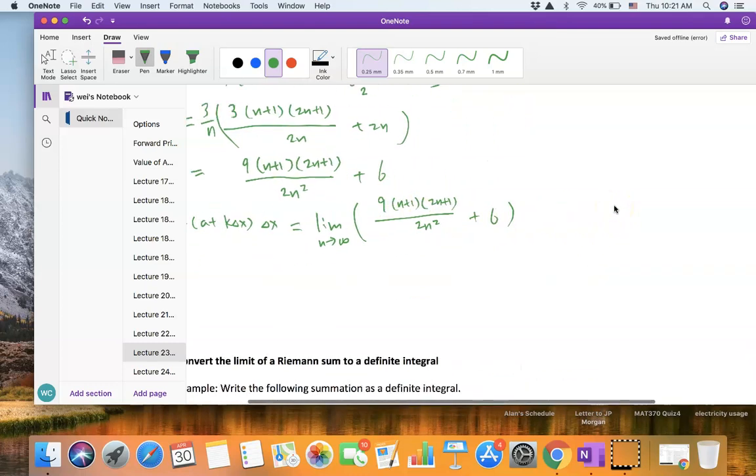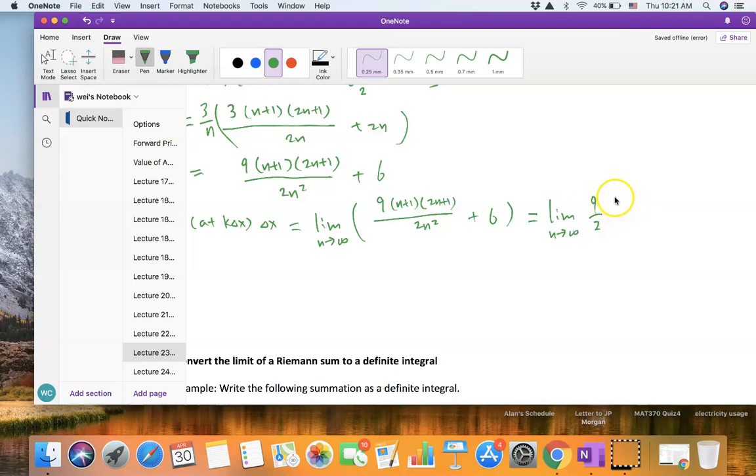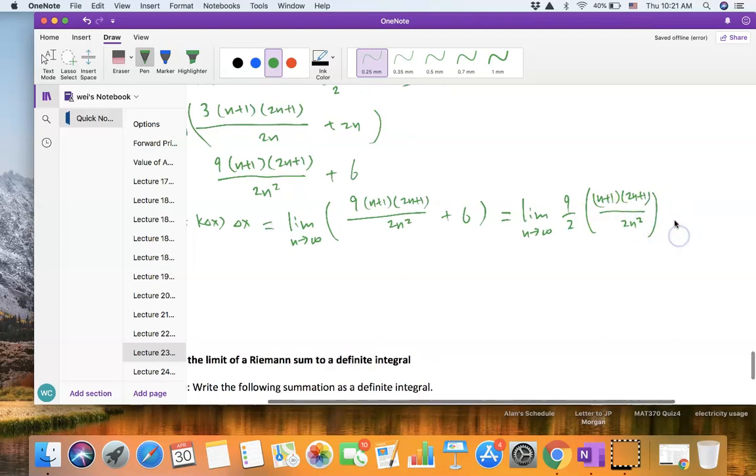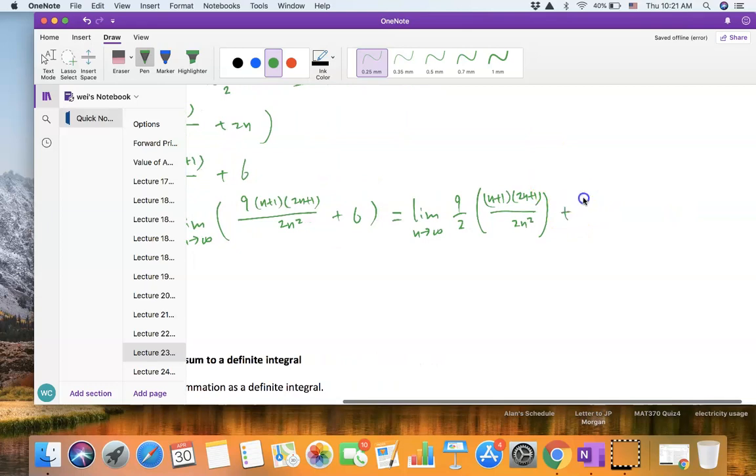Using the property of a limit, we can split this into the sum of the limits: the limit of 9 over 2 times n plus 1 times 2n plus 1 over n squared, and plus the limit of 6.